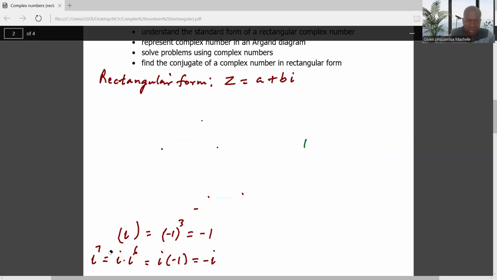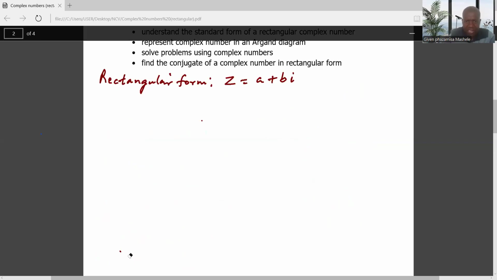For example, let's say Z1 is a plus bi, and we also have Z2, let's say it's c plus di.